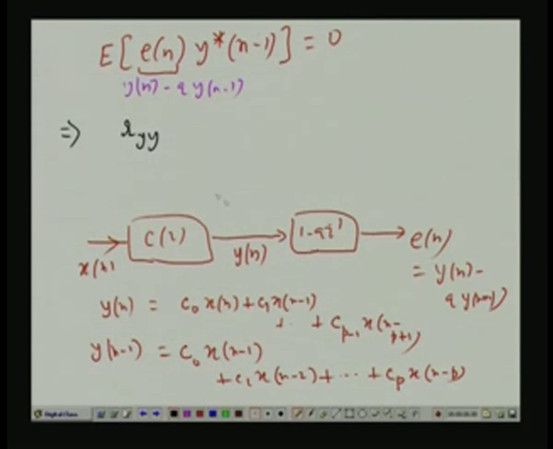Since there are several processes involved, let me bring in the subscript. Here r_yy(0) is E of mod y[n] square, or E of mod y[n minus 1] square. Of course, we are considering WSS processes. So, this is one relation we find.